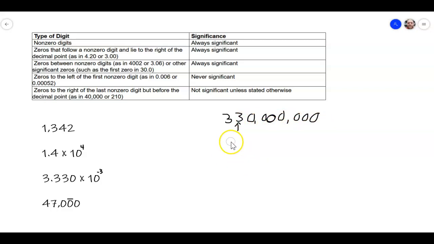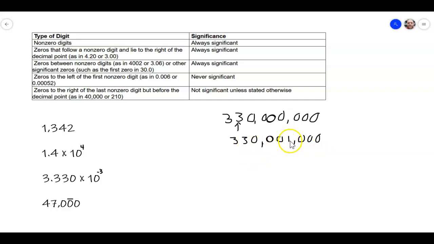Now, let me give you another example. Let's say I have 330 million 0, 0, 1, 0, 0, 0. Then the number of significant digits here is going to be 6. Why?